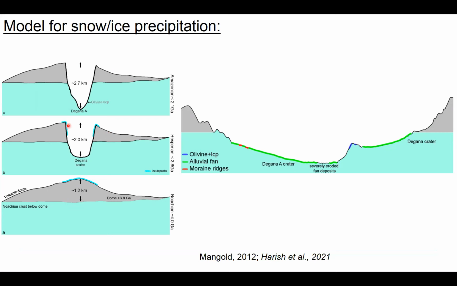So in this scenario, the snow which was deposited within these mountains was utilized by this impact, and that provided sufficient sediments to form the fan deposited within the crater. And if you look at this crater, it is fully filled with sediments, and they are rich in fluvial activity.